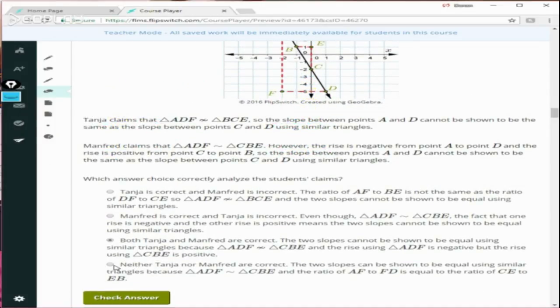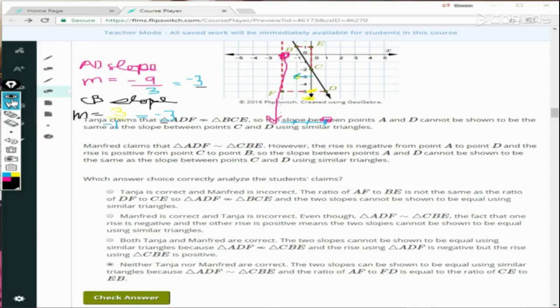So this last one, neither Tangent nor Manfred are correct. The two slopes can be shown to be equal using similar triangles because triangle ADF is similar to triangle CBE, and the ratio of AF to FD is equal to the ratio of CE to EB. That is what we just talked about. So AF to FD, the rise AF to the run FD, that is the slope.